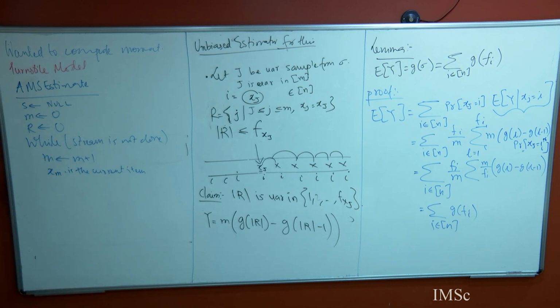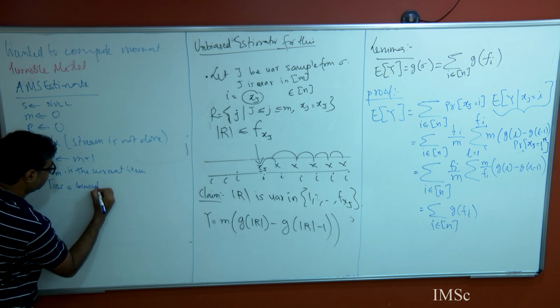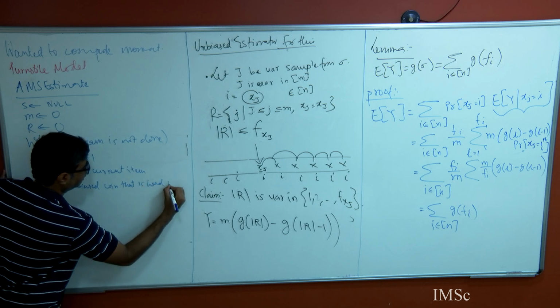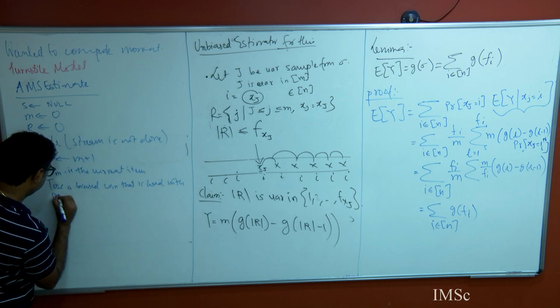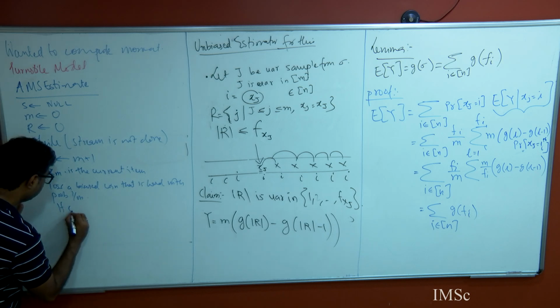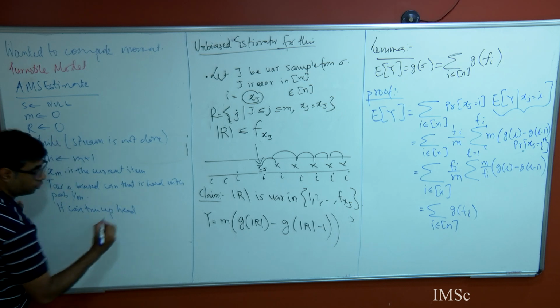We toss a biased coin that is head with probability 1 over m.